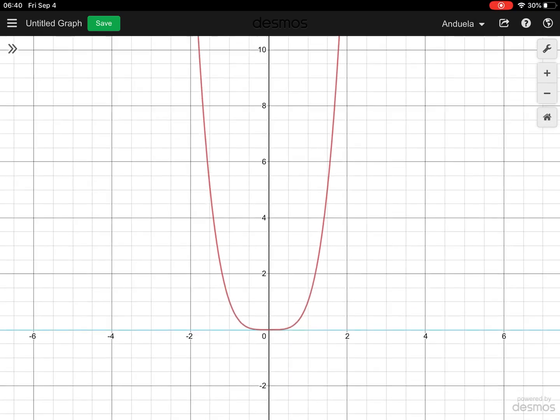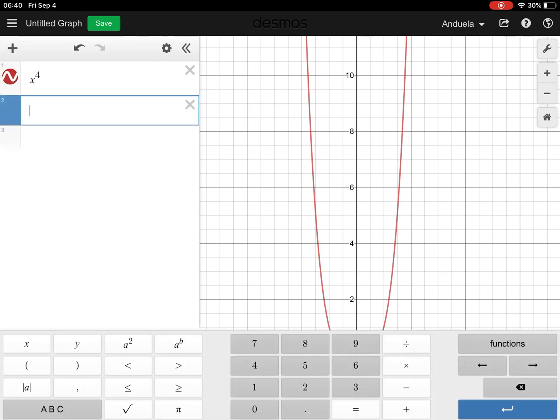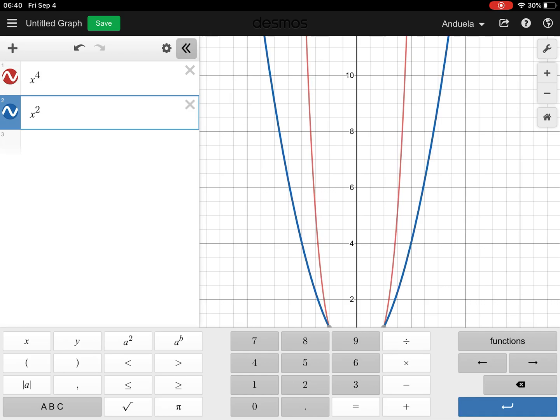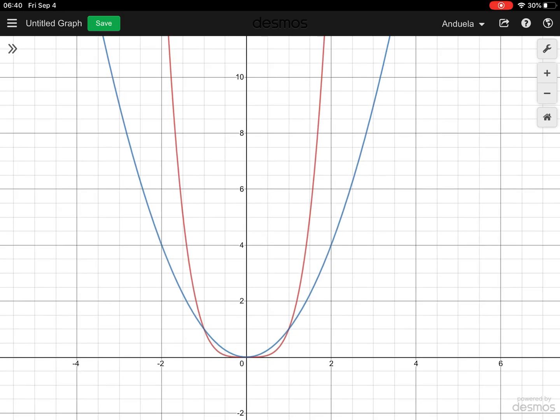Now, as you can see in here, we have sort of a parabolic shape, but it is wider at the bottom, and it increases faster on the sides compared to y equals x squared. So let me just enter y equals x squared as well, so we can tell the difference. So the blue one is y equals x squared. So y equals x to the power 4 increases faster and is wider here at the bottom.